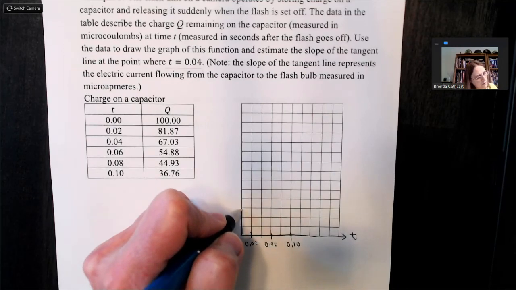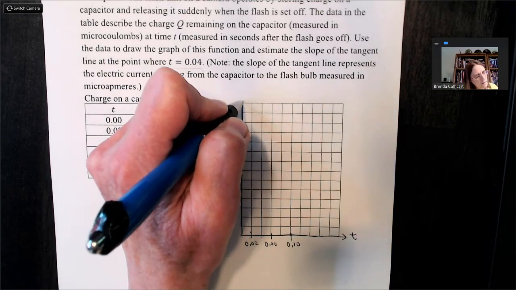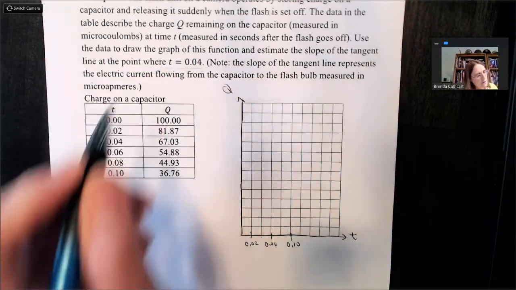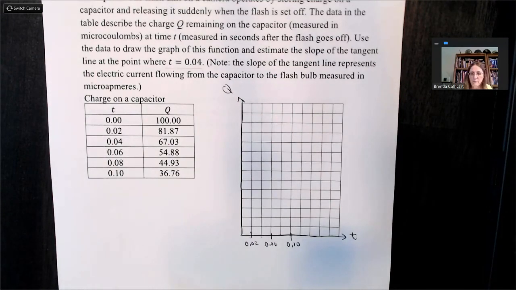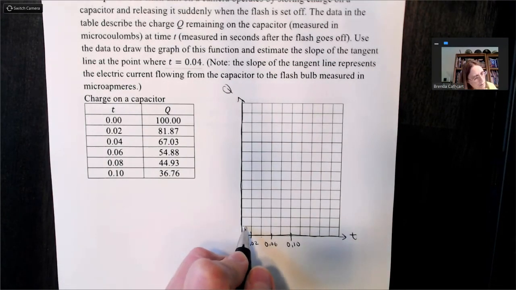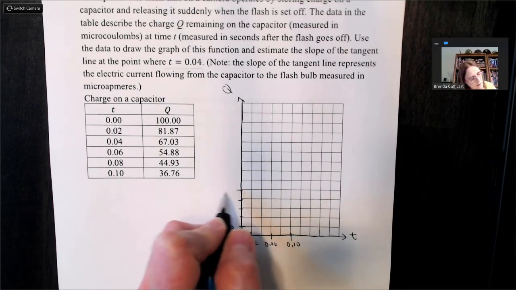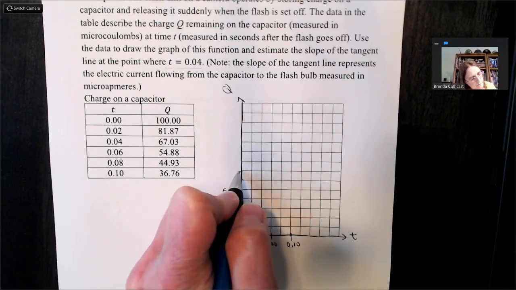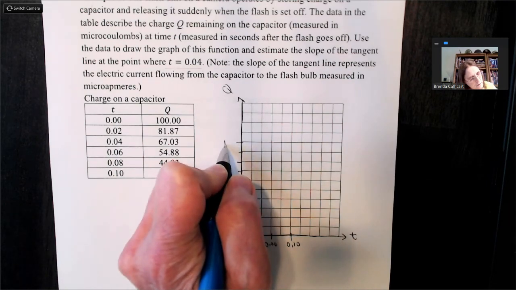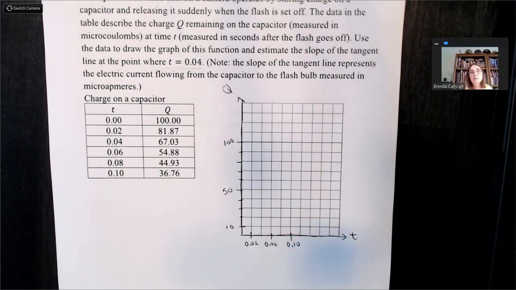And our values along our vertical axis, our q-axis, have to go up to 100. So let's go by a scale of 10. Here's 50. And there's 100. And that's in microcoulombs. And our time t is in seconds.